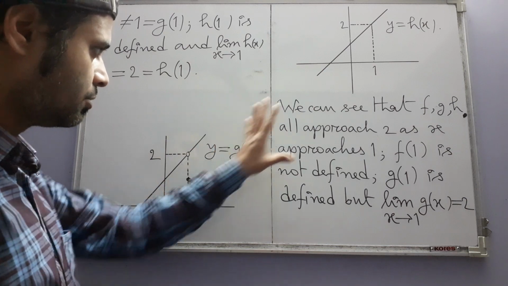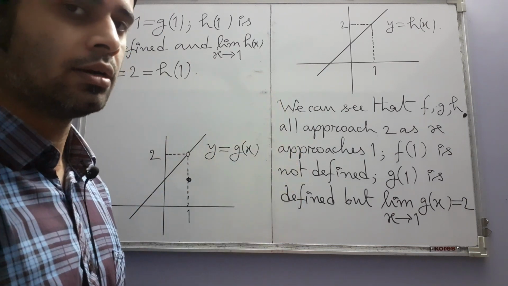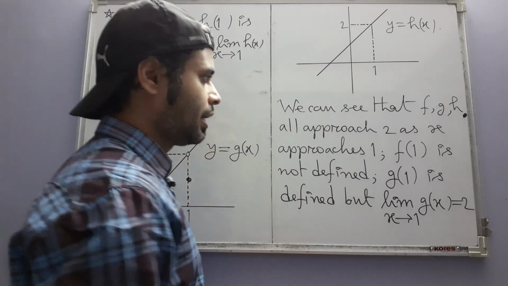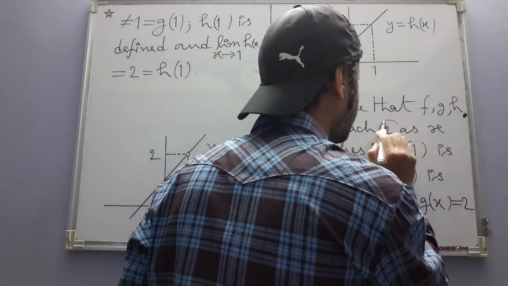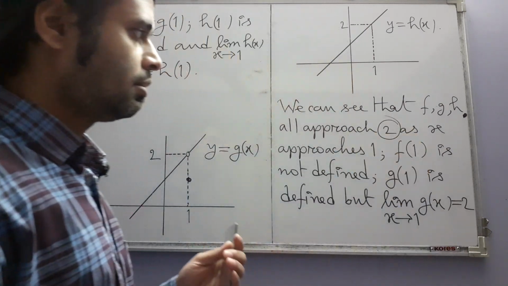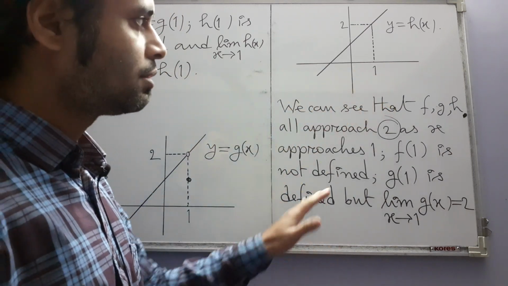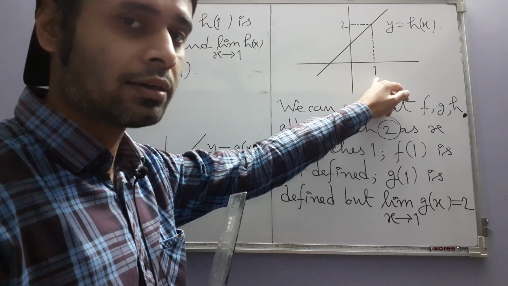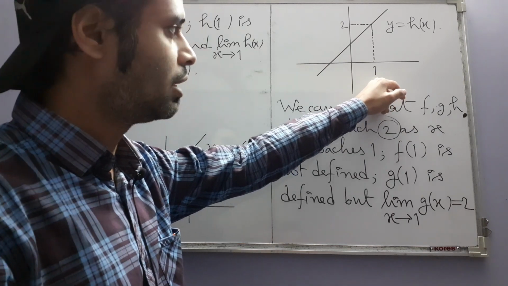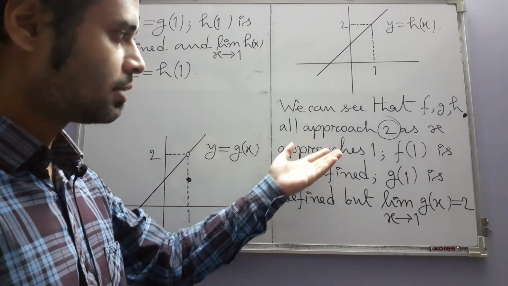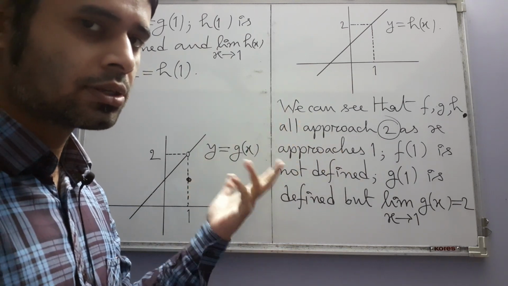So this difference may be there, and this difference also proves that the limiting value of a function at a point actually does not depend on what goes on at that point, but rather what goes on near that point. That we can see from these three examples clearly.